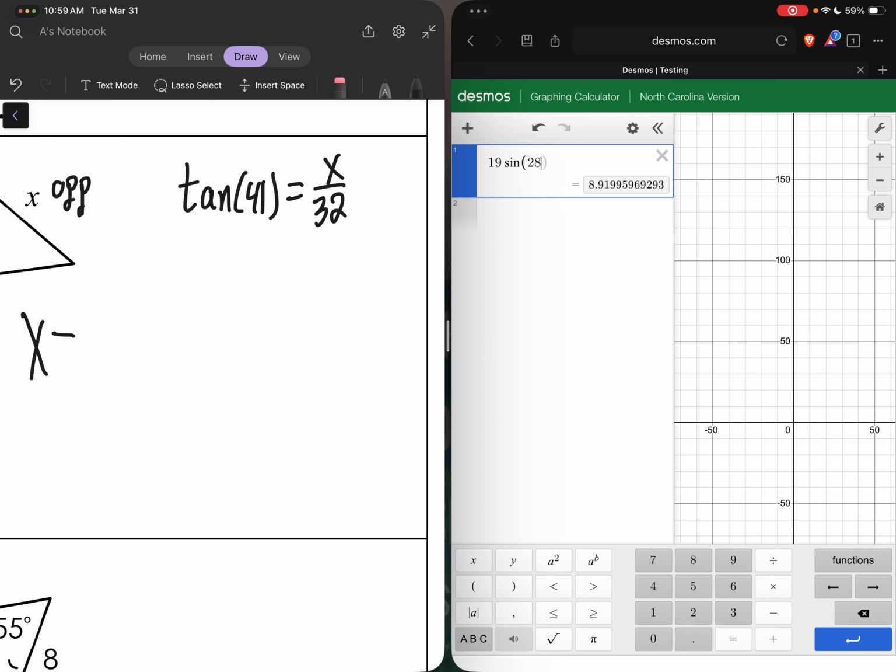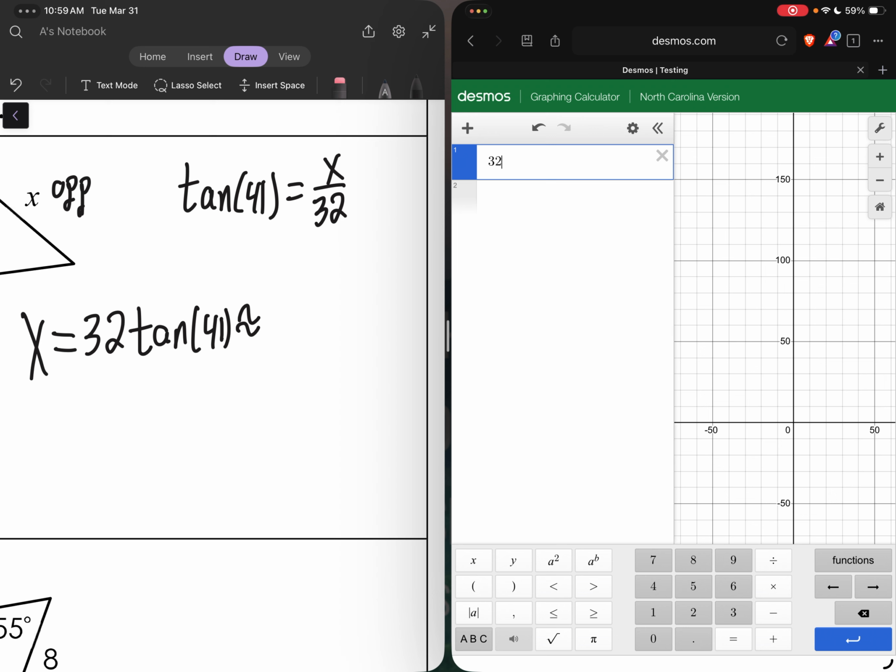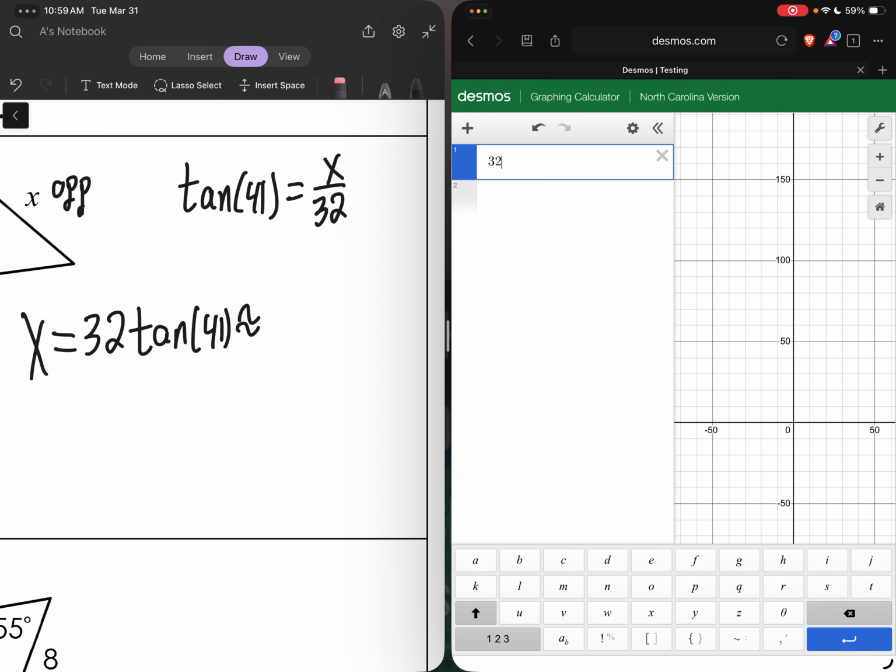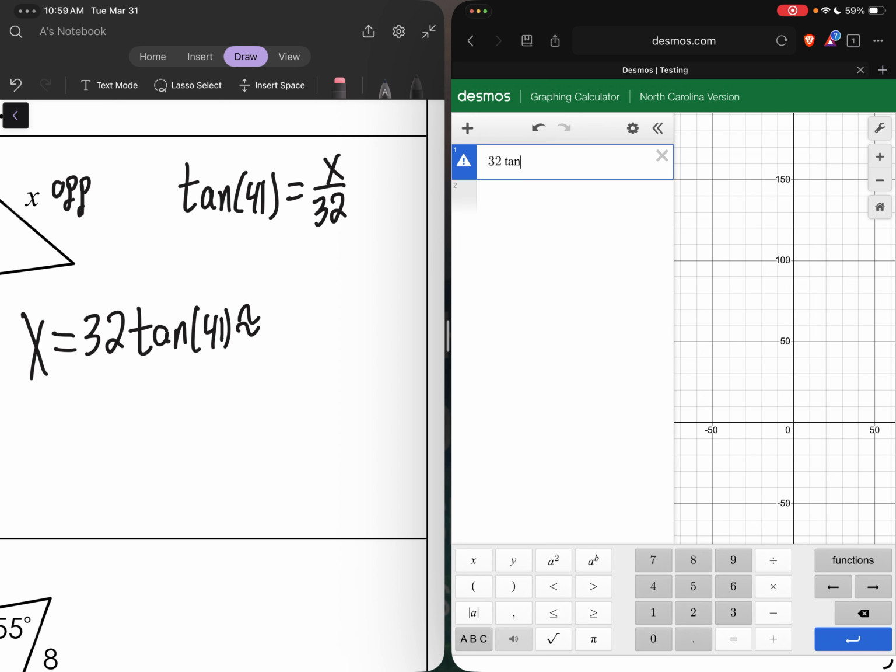For the exact answer, x is equal to 32 tangent of 41. I'm going to type this in Desmos to get my approximate solution. 32 tangent of 41, 27.8.